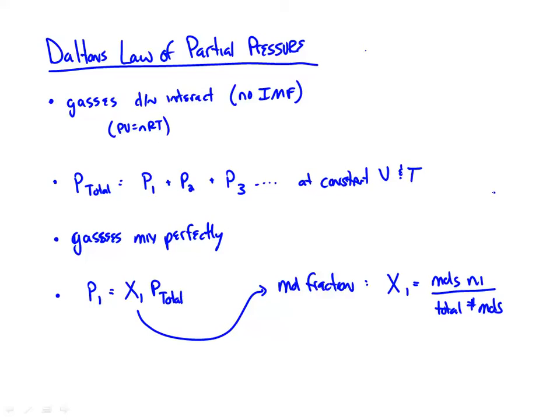So if there's 5 moles total, and there's 2 moles of A and 3 moles of B, the mole fraction of A is simply X_A equals 2/5, and the mole fraction of B is simply equal to 3/5.